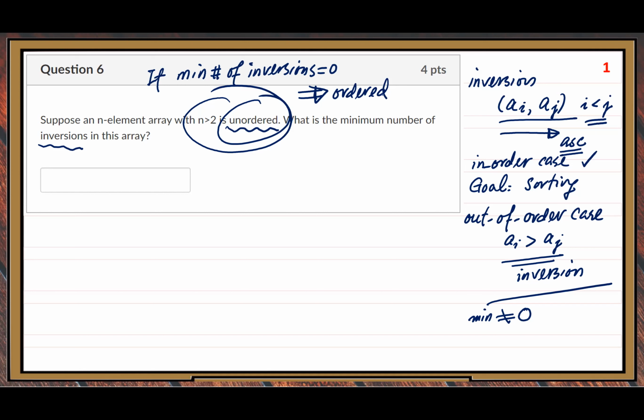For that reason, the minimum number should be greater than 0. That's the answer.